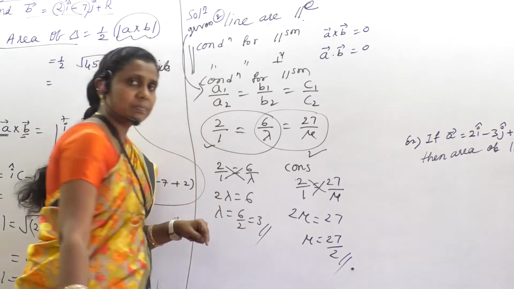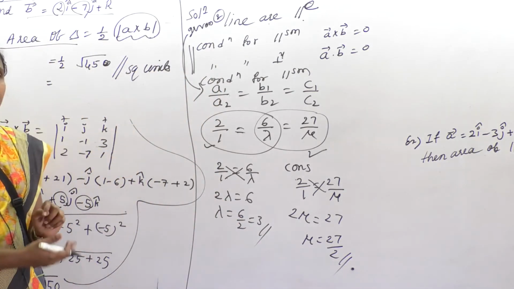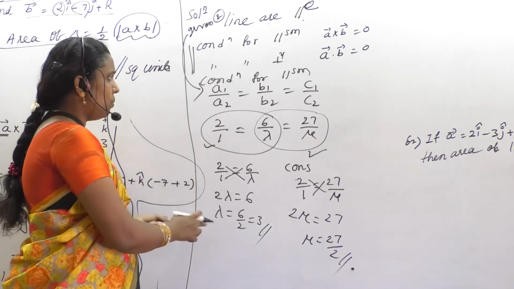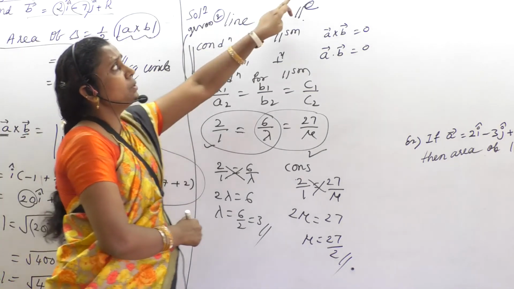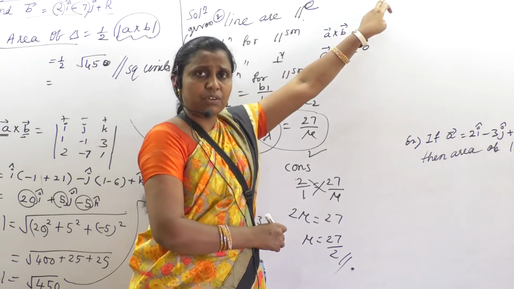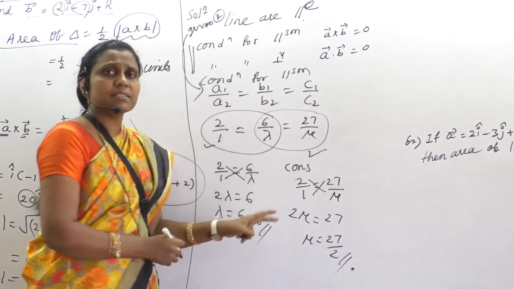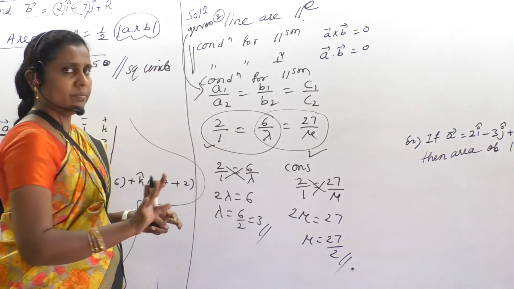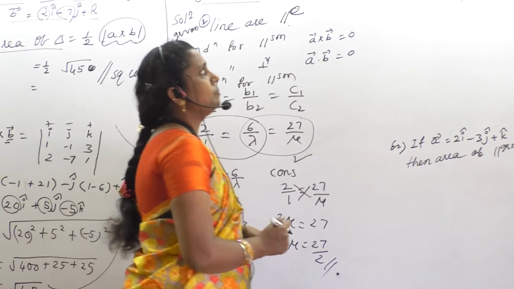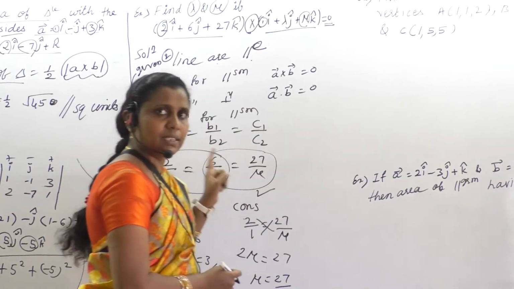This is sufficient. So this is how you find the value of lambda and mu. The concept we used here: the cross product was given as 0, that's why we applied the condition for parallelism. Hope you understood this example.